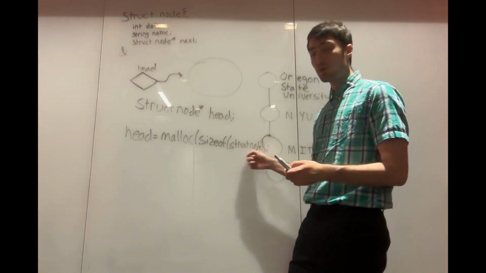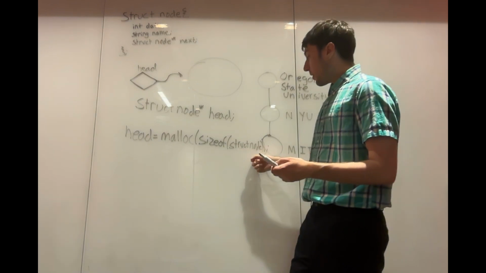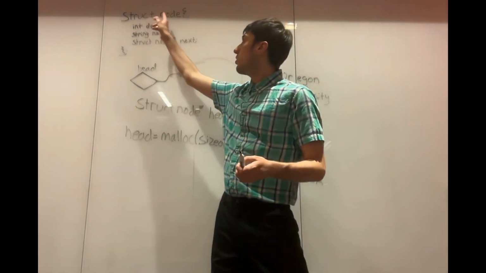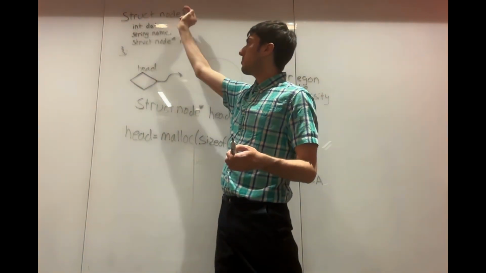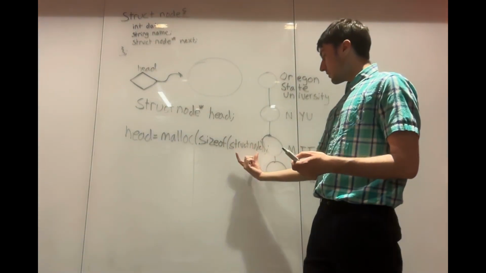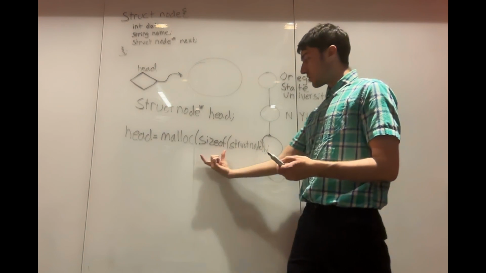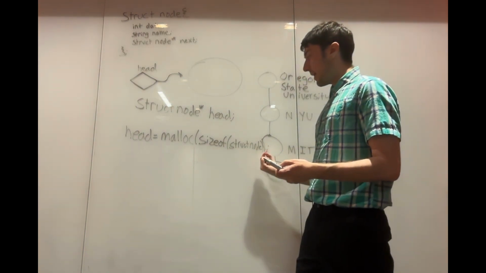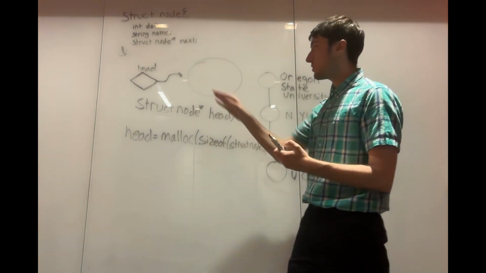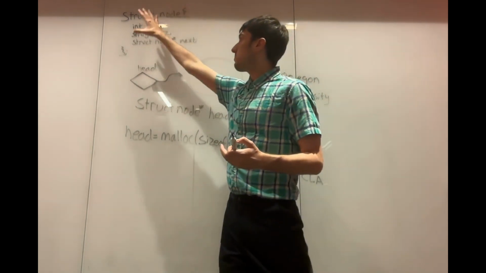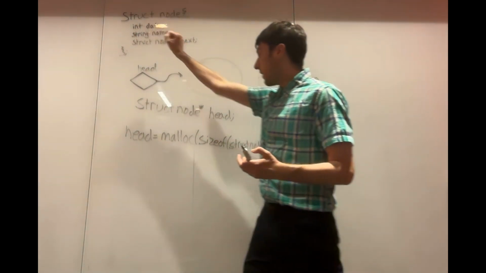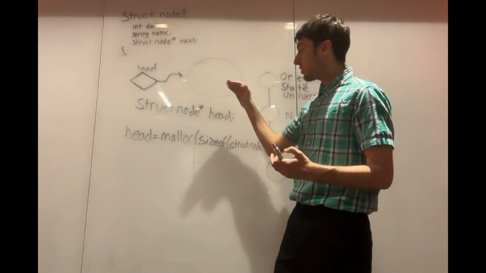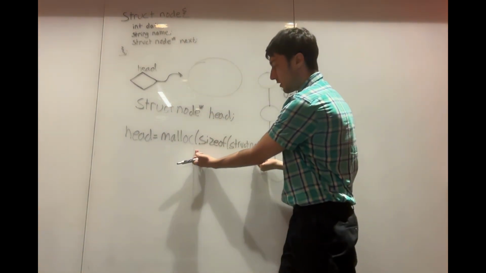Or we could have a float, or a long, or a double. And in this case, struct node was declared up here, and this is just a variable type. So we pass in this struct node into the size of function, and it finds the amount of bytes that this particular element is, and returns the number of bytes.